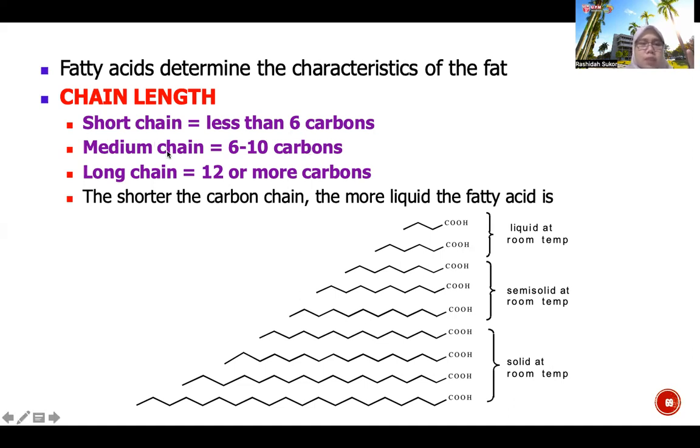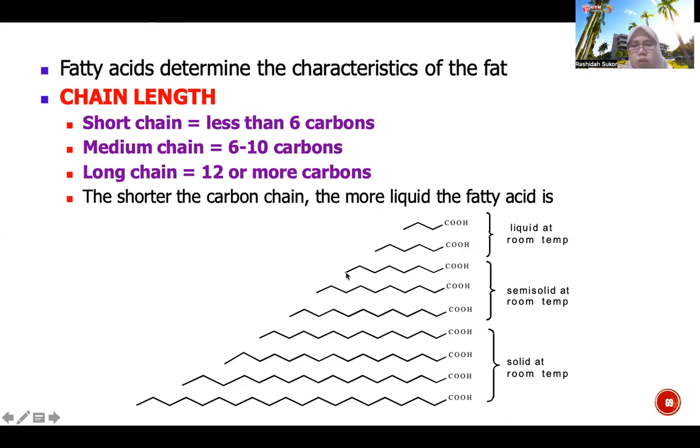So it is the same as fatty acid, because fatty acid is a series of carbon chain length. Okay, so some of the SCFA and MCFA, short chain and medium chain, will give nutritional attributes to health. So the shorter the carbon chain, the more liquid the fatty acid is.